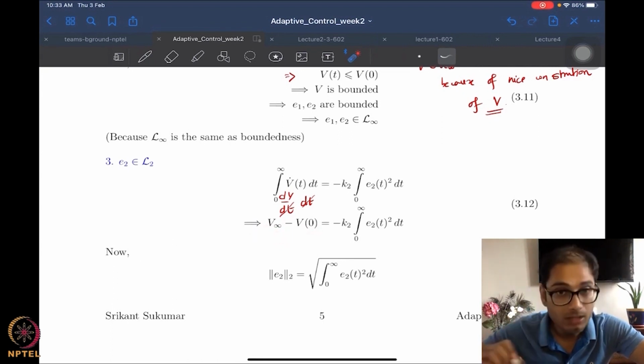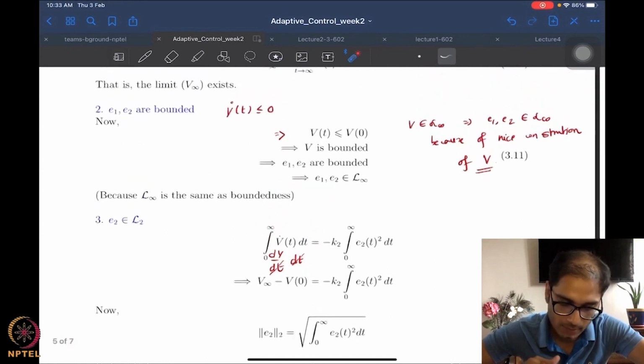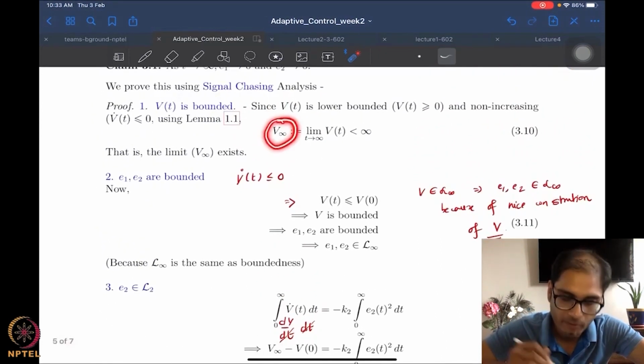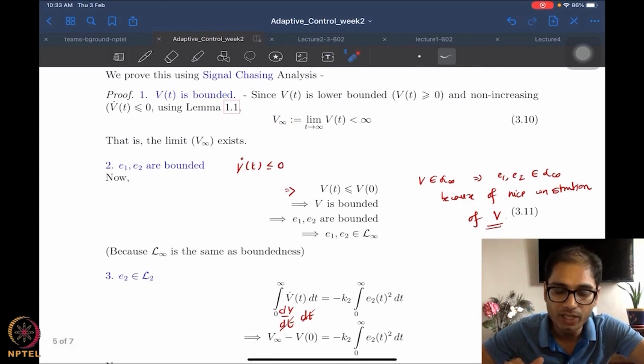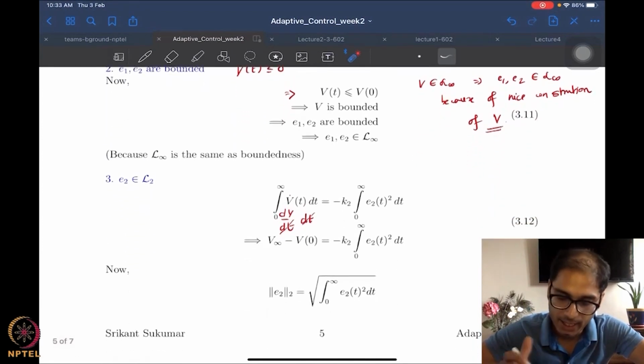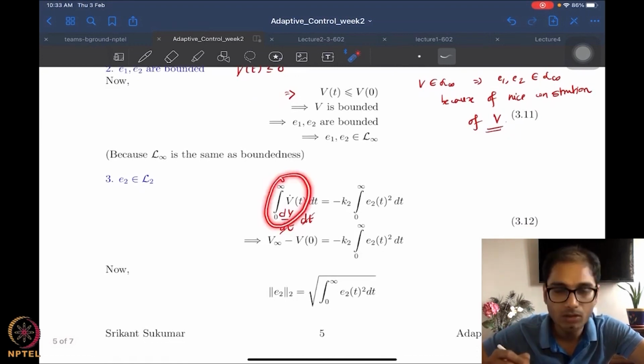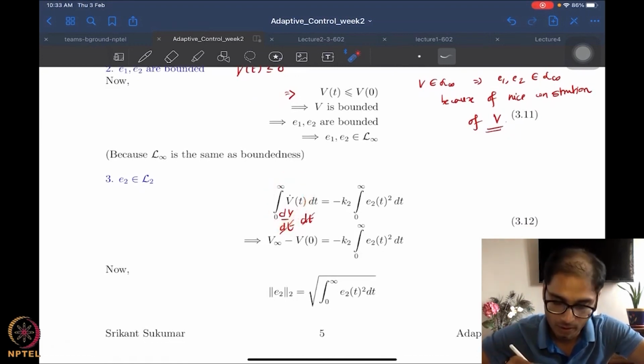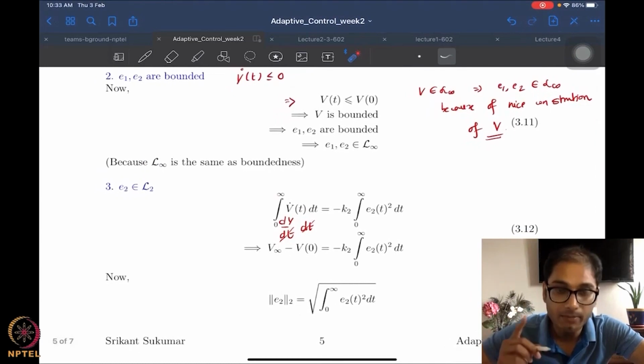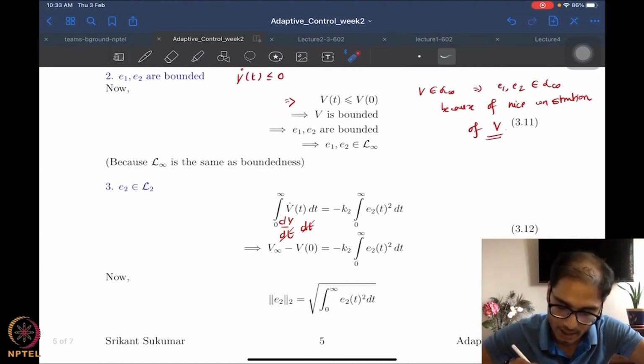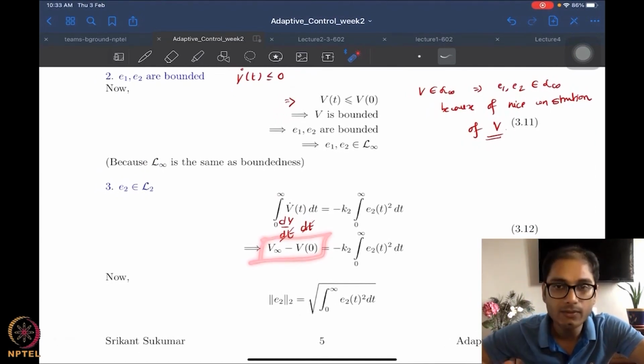Now, amazing thing: this can be evaluated only because we have step 1. If V infinity was not defined or not finite, this cannot be evaluated. So because of step 1, I can make this evaluation on the left hand side. It's V infinity minus V0.